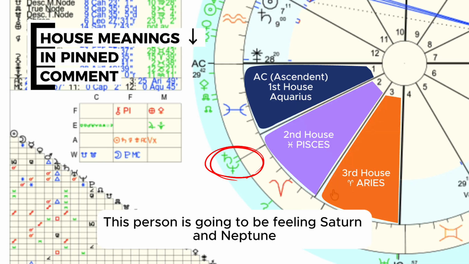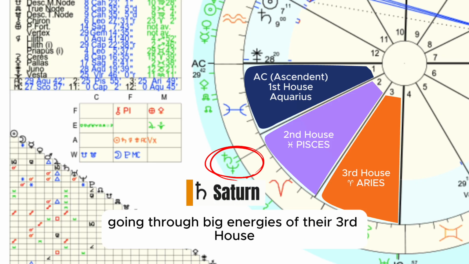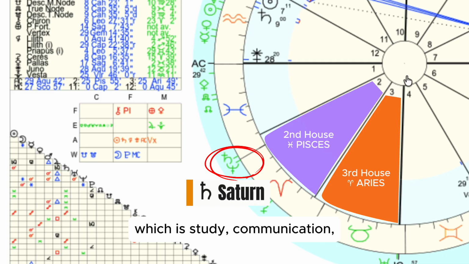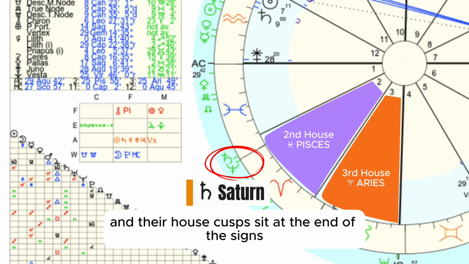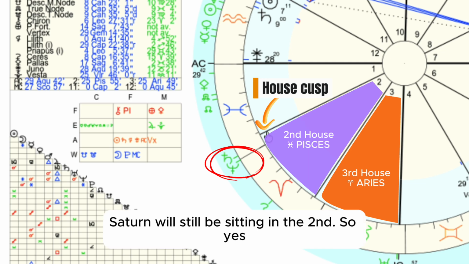This person is going to be feeling Saturn and Neptune going through big energies of their 3rd house, which is study, communication, local travel, local communities, time management. Because they're such a late degree rising and their house cusps sit at the end of the signs, even though Aries rules the 3rd, Saturn will still be sitting in the 2nd.